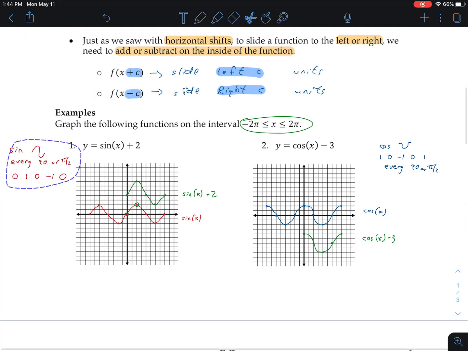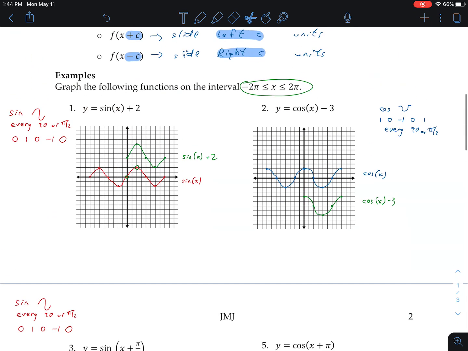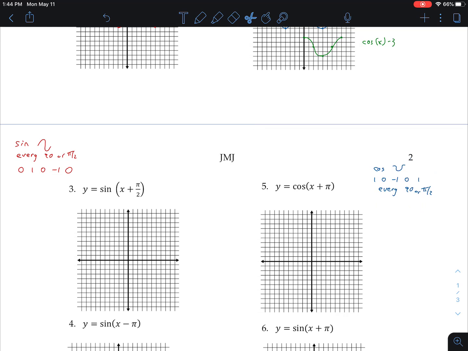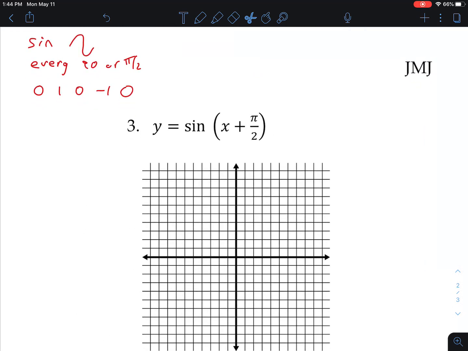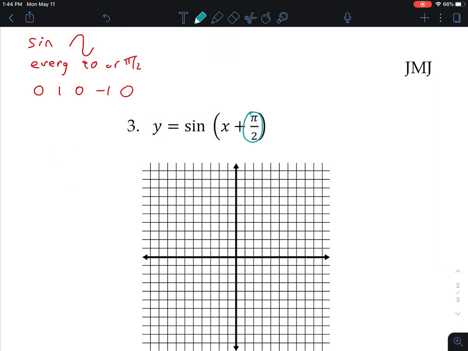I'm going to take what I wrote right here, and I'm going to bring it back over here, and then here's my one for cosine, and I'm going to bring that over here. All right, so I'm going to do these two first, looking at sine. Okay, so what do I know from this information? Pi over 2. That's 90 degrees.